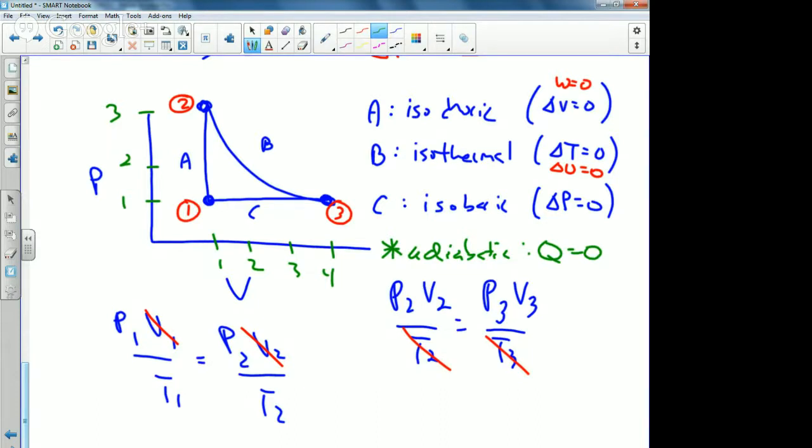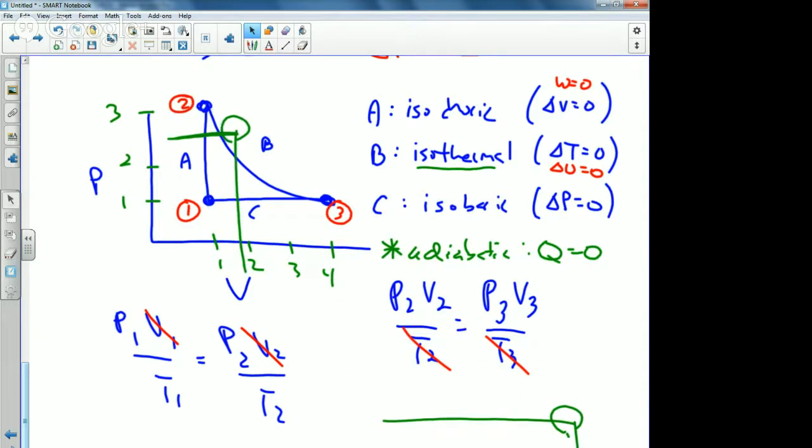So in this case, location 2 would be 3 times 1, while location 3 over here is really 1 times 4. So you can see that location 3 has a higher temperature. Actually, that can't even be true in this case, because it's isothermal. But if it wasn't isothermal, that's how you do it. Okay, yeah. And just erase all that because this is isothermal. I just ruined my own isothermal line. But hopefully that answered your question.